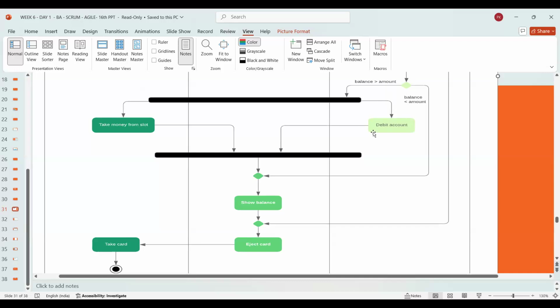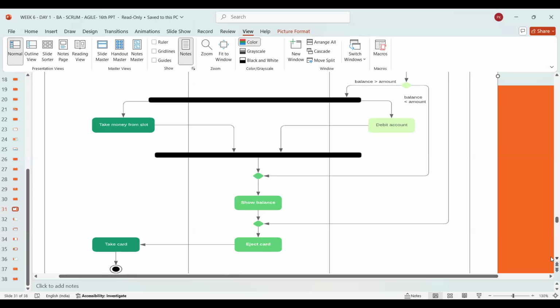Both activities are going in parallel. Can you see one arrow from here, one arrow from there? Once you take the money, your balance is shown. You get to see your balance once you withdraw the money, and then you can eject the card, take the card, your activity is complete, and you can go home.